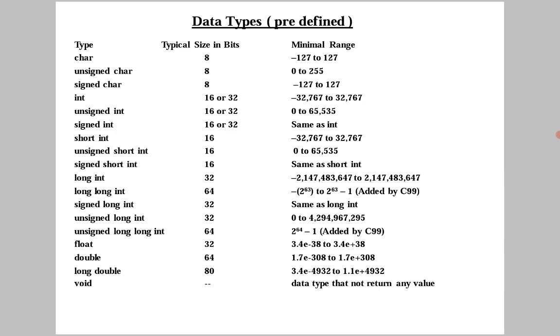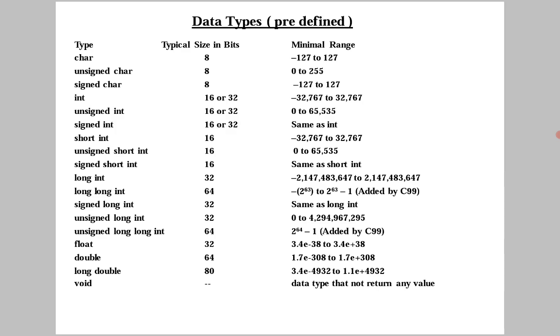The range of unsigned integer is 0 to 65535, and the range of signed integer is the same as integers. Short integer is the third type of integers.